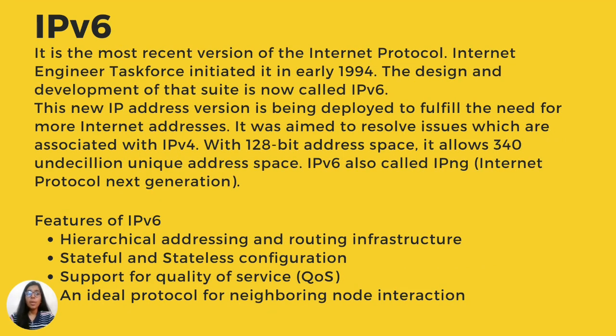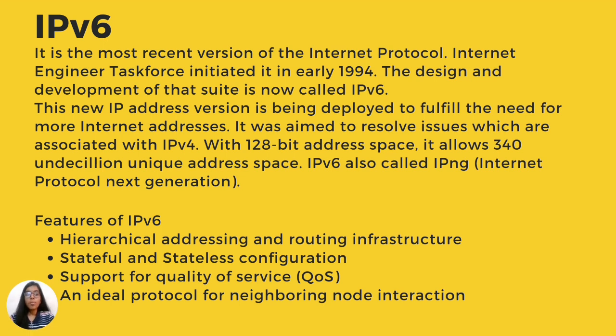Now, talking about IPv6, it is the most recent version of Internet Protocol. Internet Engineering Task Force initiated it in early 1994. The design and development of that suite is now called IPv6. It was aimed to resolve issues which are associated with IPv4.